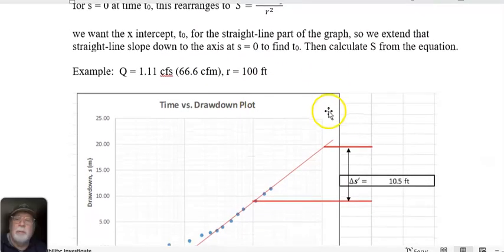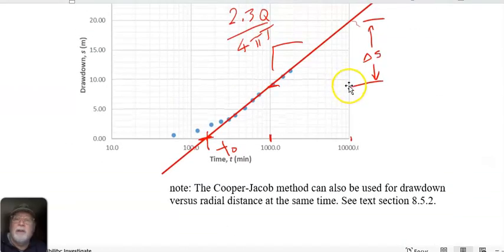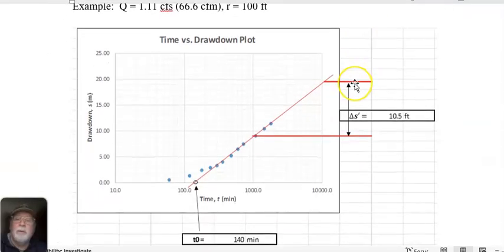So here's an example. In this example, Q is 1.11 CFS, or 66.6 cubic feet per minute. r equals 100 feet. And just looking at my graph, the delta s here goes from a little below 10 to 20. My line's a little different on this one than the one I just drew up there, but pretty close to it, about 10.5 feet.